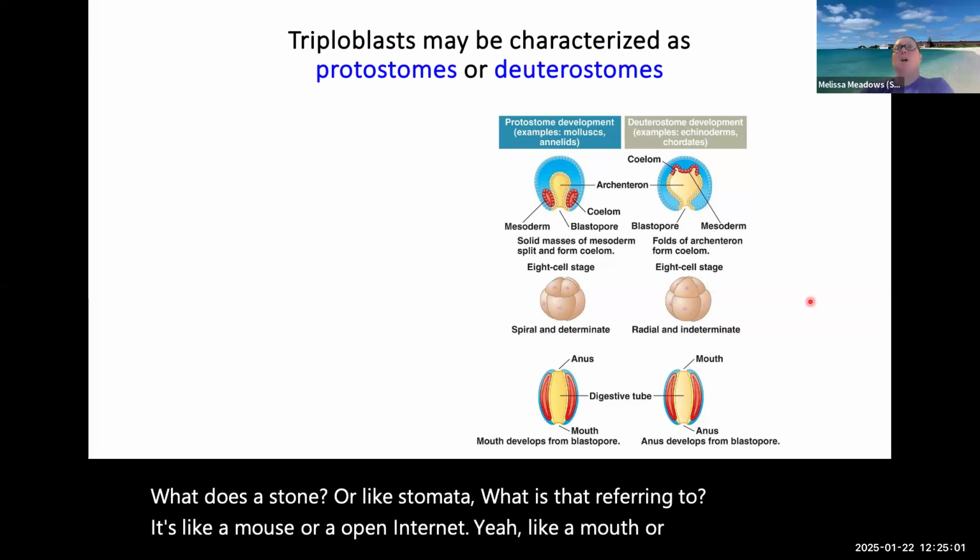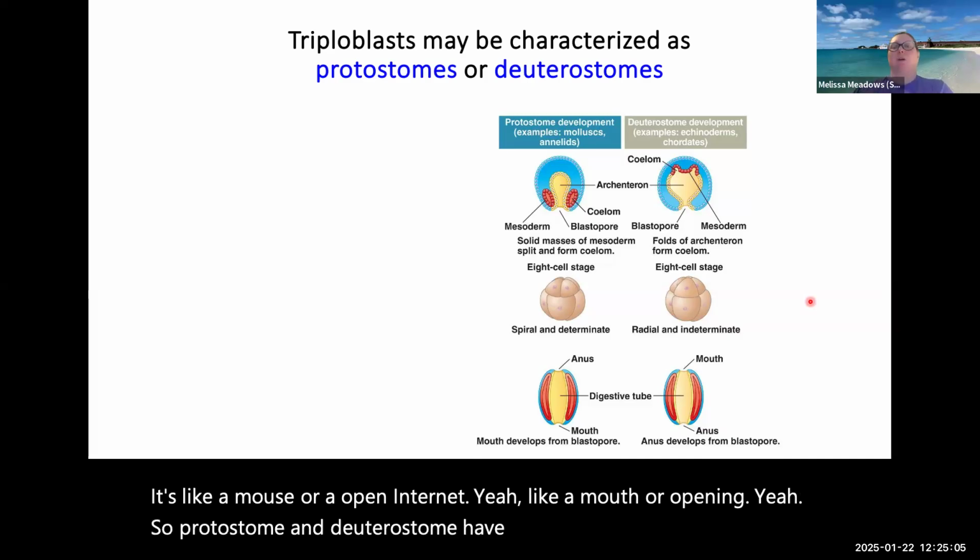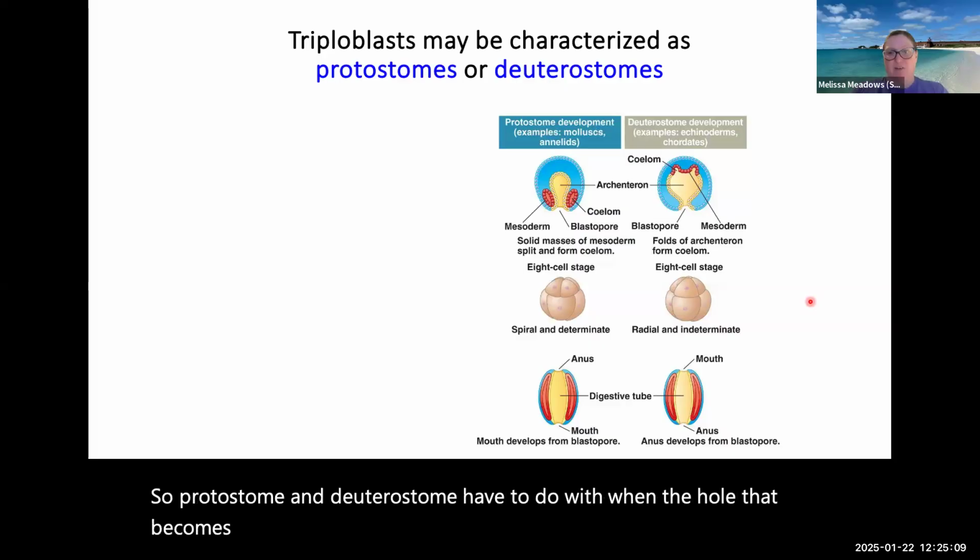Yeah. So protostome and deuterostome have to do with when the hole that becomes the mouth develops during gastrulation. All right.